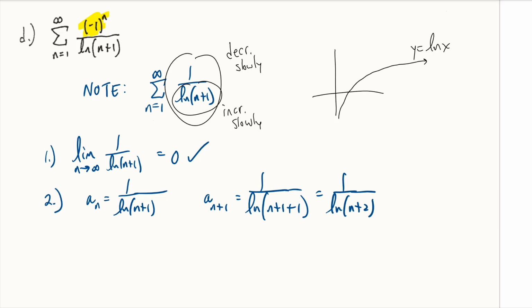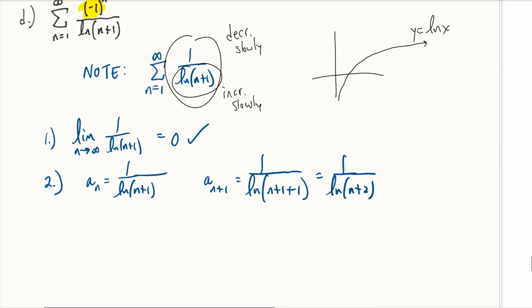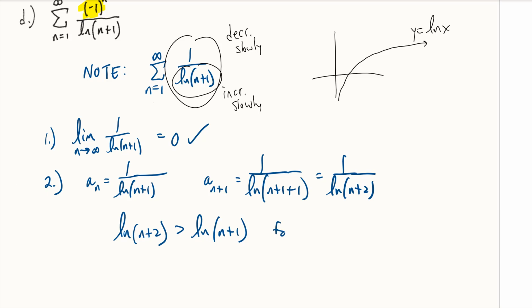And again, I think you can do an arithmetic argument here. It's not going to be too hard to follow. The natural log of n plus 2 should be bigger than the natural log of n plus 1 for n greater than or equal to 1, right?